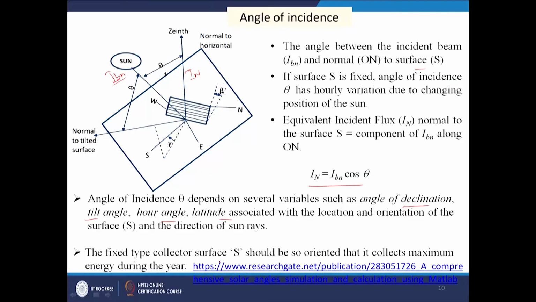Now, the fixed type of collector surface S should be oriented so that it collects maximum energy from the sun. That is the main objective, that maximum energy will be collected on the collector. Then, what is the tilt angle? If we keep one plate, then from the horizontal line it will make an angle.